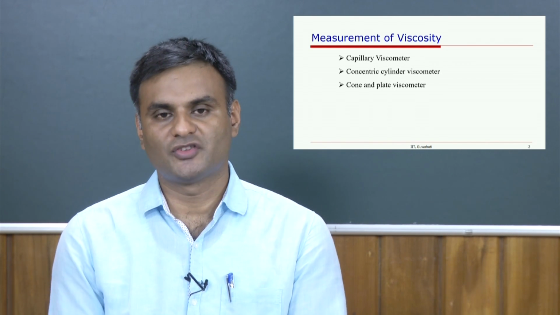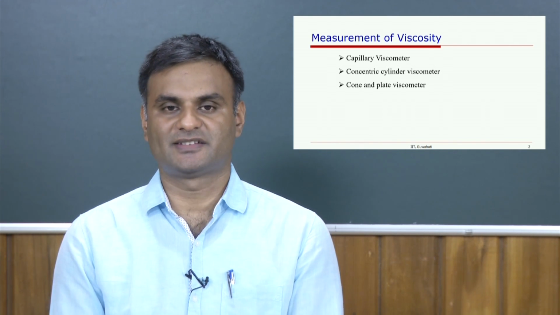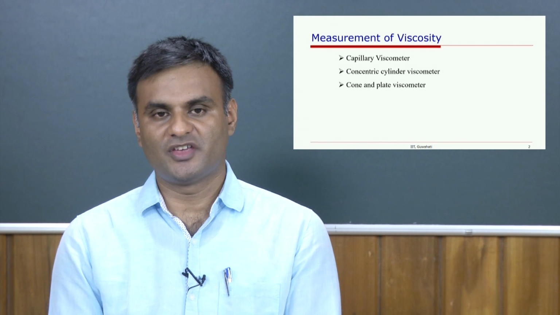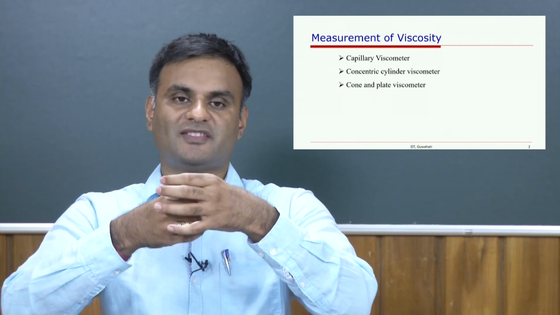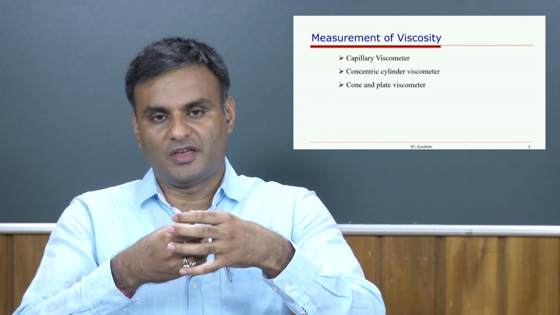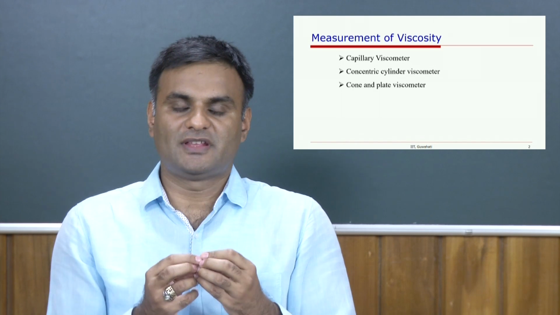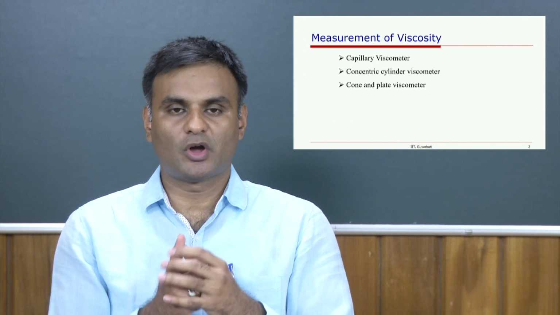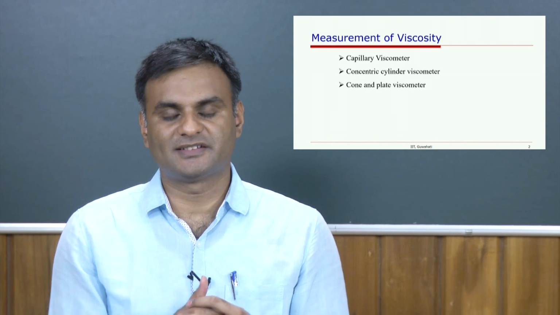The next viscometer that we will discuss in this lecture is the concentric cylinder viscometer, in which there are two cylinders which are concentric. They have the same axis, and the gap between the cylinders is very small when compared with the radius of either cylinder.